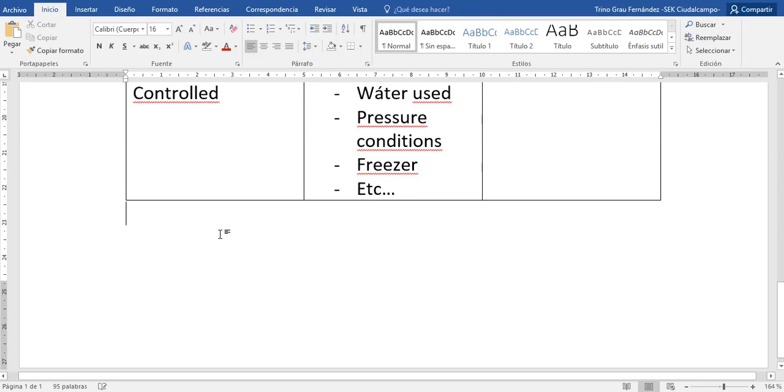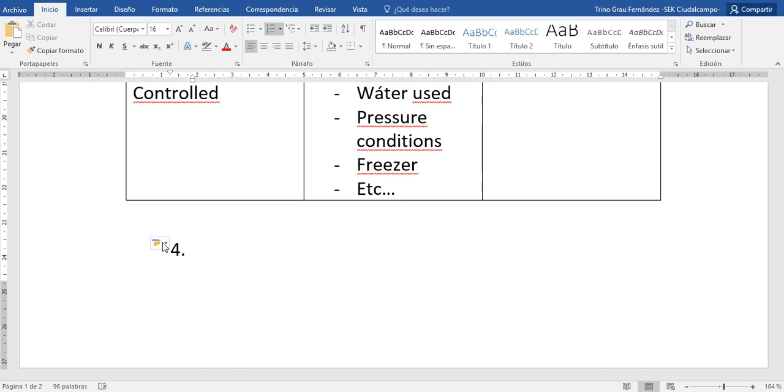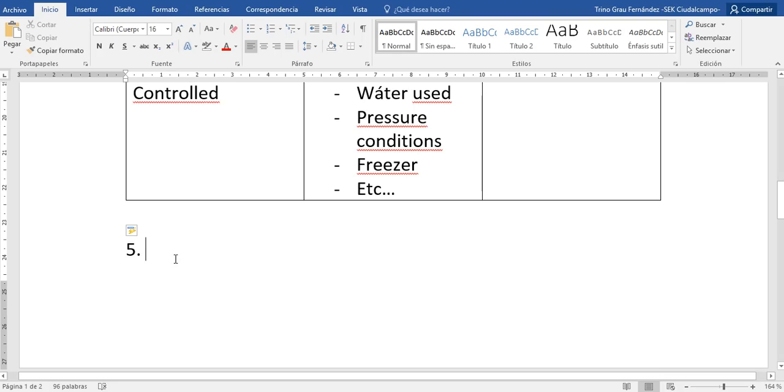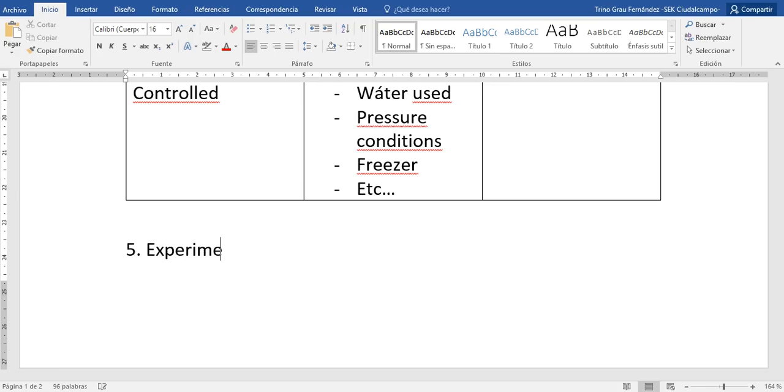Okay, and once we have done the variables, the next one will be the experimental procedure.